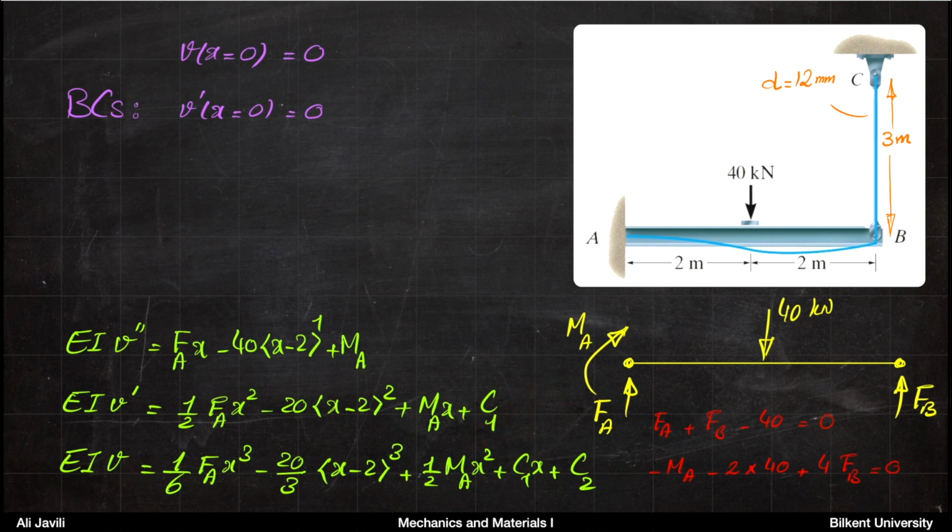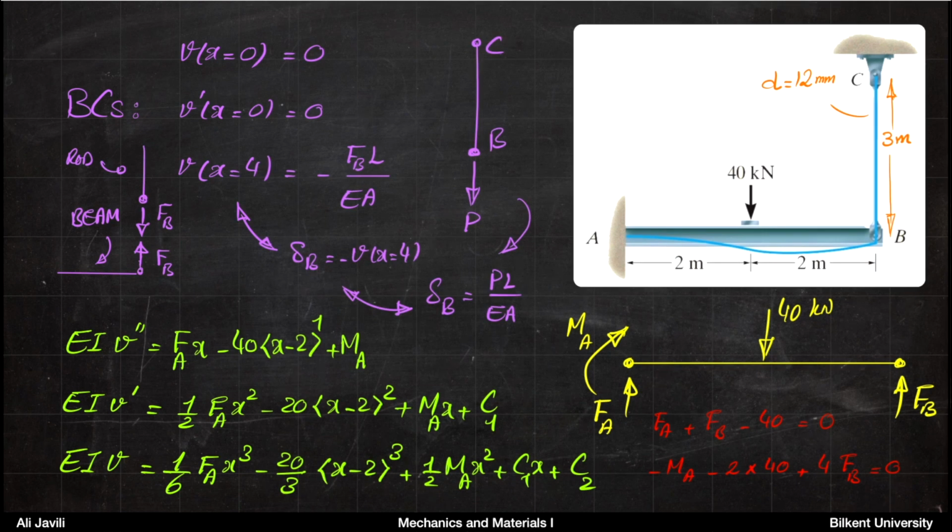In order to calculate that, we need to look at the boundary condition at B. But the boundary condition at B is slightly non-standard because it's connected to a rod. So basically what you have there is only this. You can only say the deflection at B, so v at x equals 4, is minus FbL divided by EA.